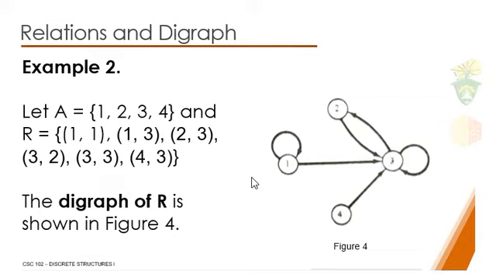Ang 1, 3 naputay edge from 1 padulong to 3. Naputay 2, 3, 3, 2, 3, 3, a cycle, the same with 1, 1. And then we have 4, 3. Say, wala na lang. Sayonara. Tama? Okay.